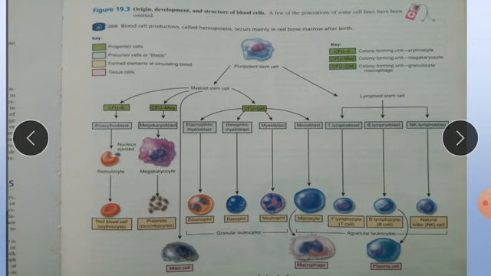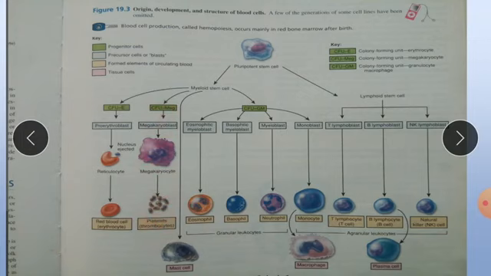CFU-E ultimately produces erythrocytes. CFU-Meg produces the megakaryocytes, meaning platelets they will produce.